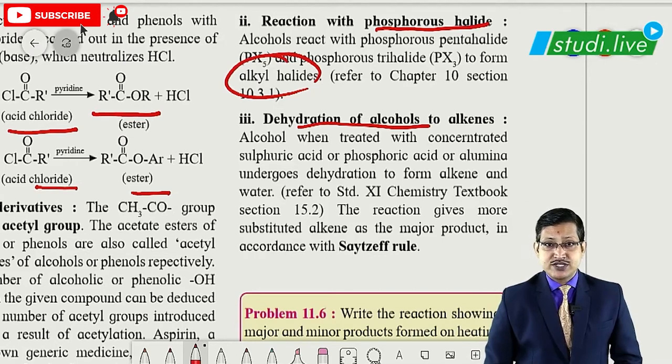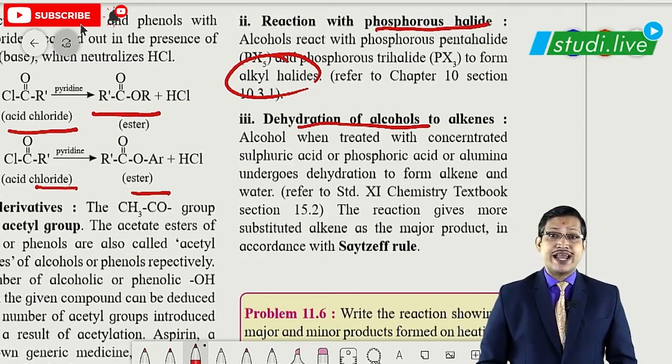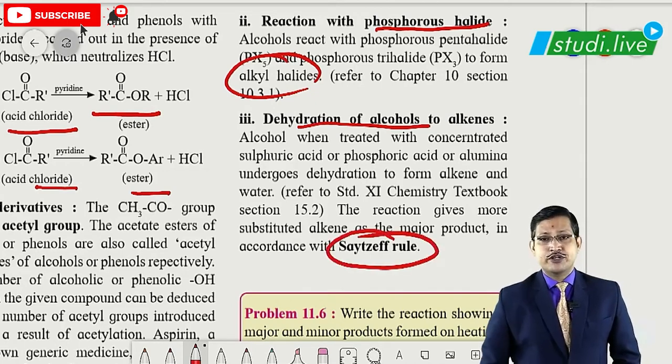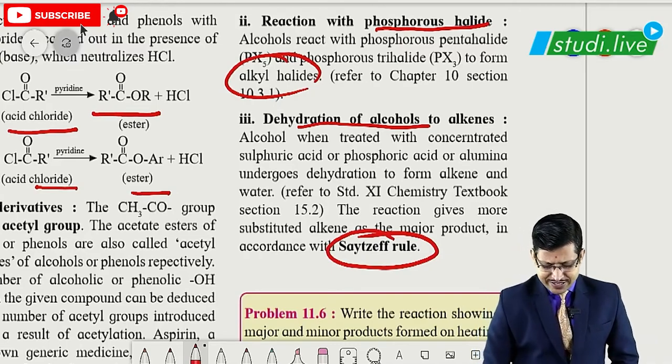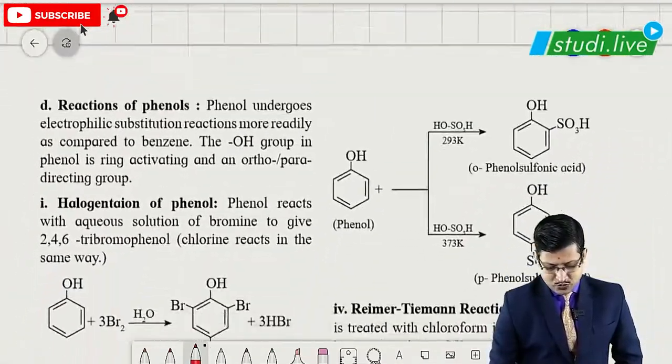The next reaction is dehydration of alcohols to alkenes, which is removal of a water molecule, and the rule it follows is an important one, Saytzeff's rule. Right now for 12th it is not much into consideration, but for your competitive exams, yes, you need to know these rules. They are very important there as well.